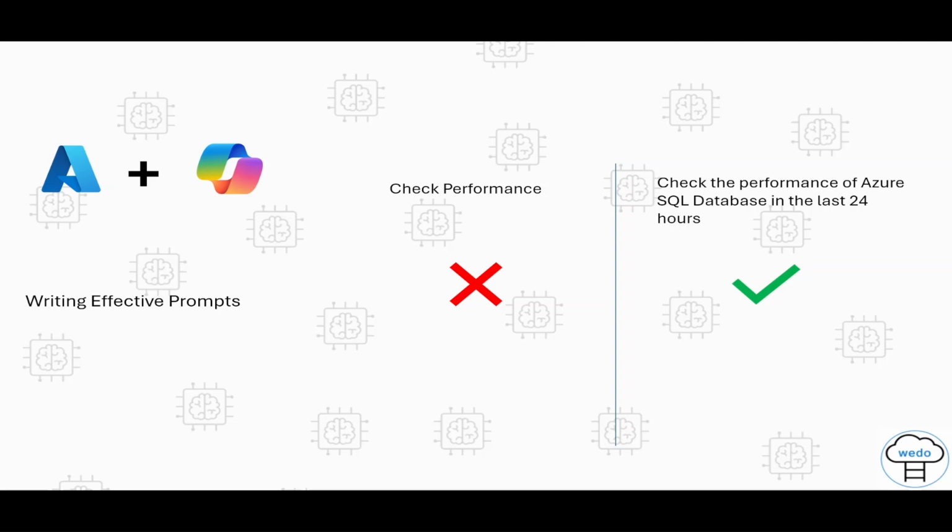you need to start with a clear intent. Specify the resources, the action you want to perform, and any relevant details. For example, instead of saying check performance, you can say check the performance of Azure SQL database in the last 24 hours. So you have to use specific terms and be precise about your requirement.